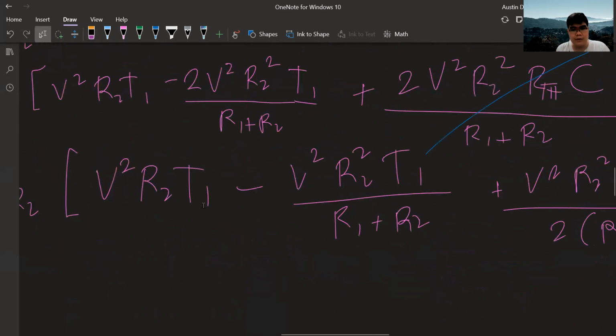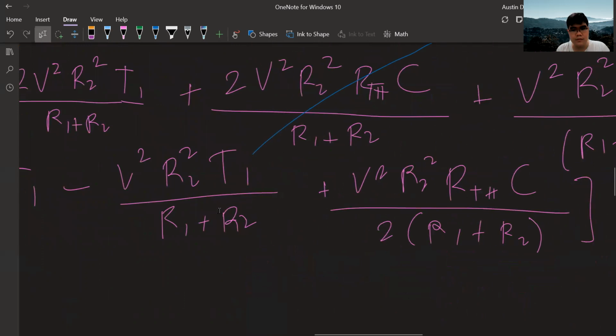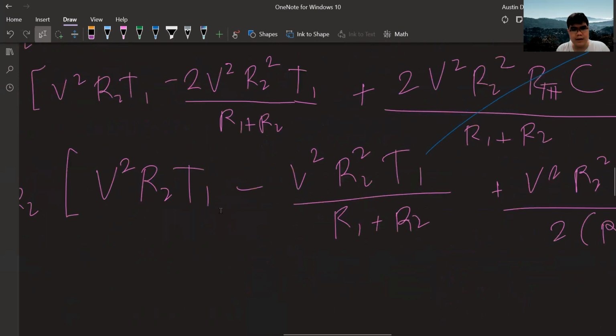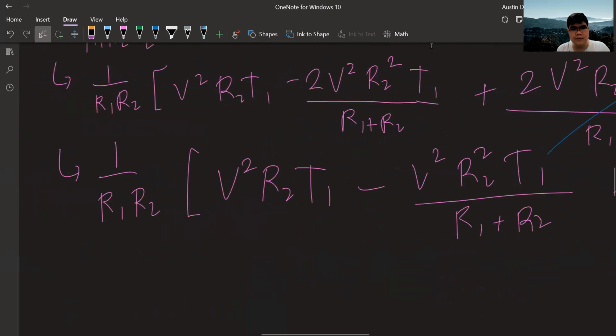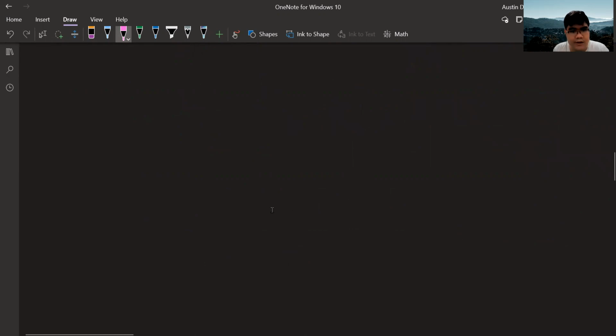Okay, so let's do this, I think. Okay, so distribute na natin to 1 over R1 and R2. So we have V squared T1 over R1. Okay, is that good for us?